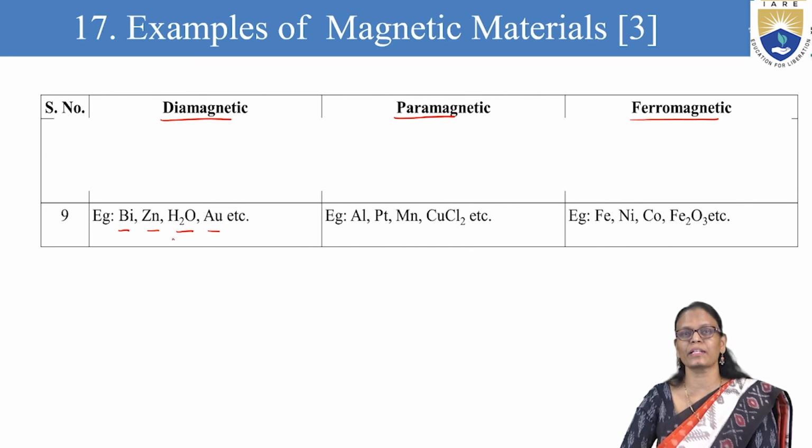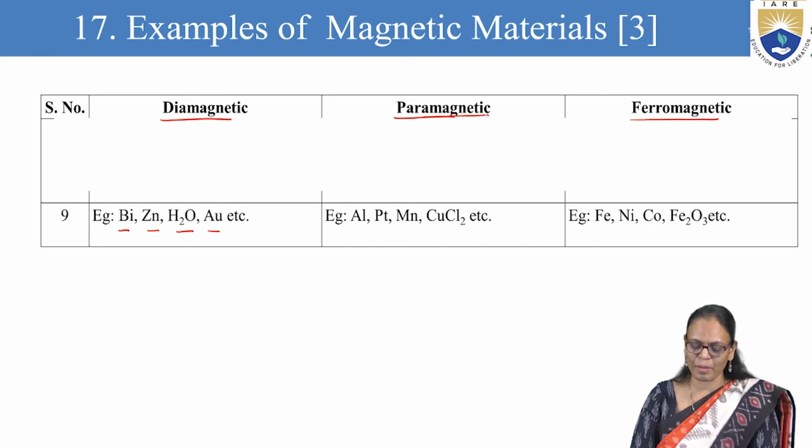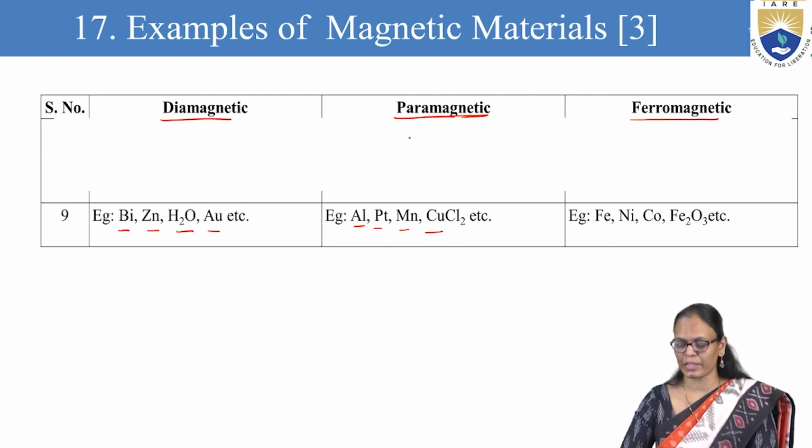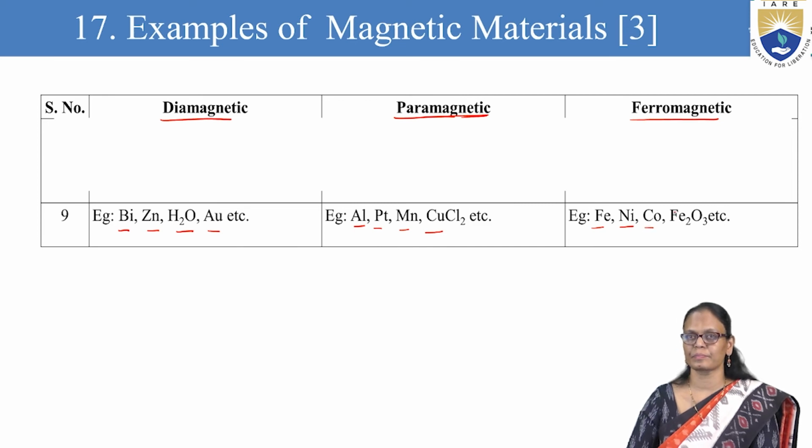They have asked us to write any 2 examples for each. So the paramagnetic is aluminium, platinum, manganese, copper chloride. These are few examples for paramagnetic. And for ferromagnetic we have iron, nickel, cobalt, etc.